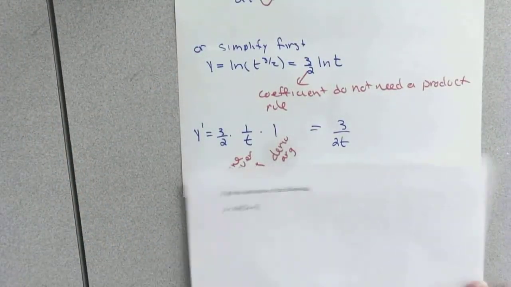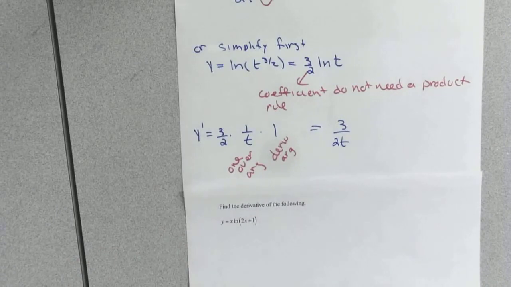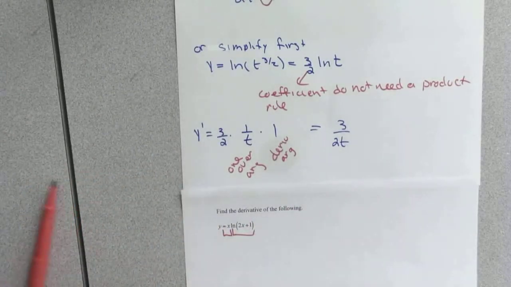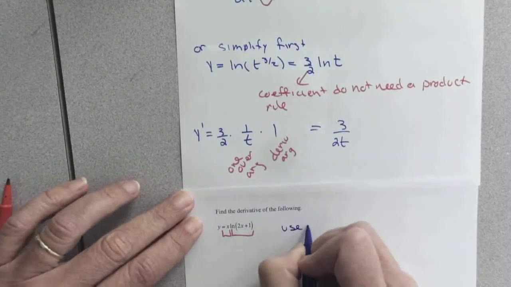Okay, next question. Product rule. I've got x times the natural log, so I have to use the product rule.